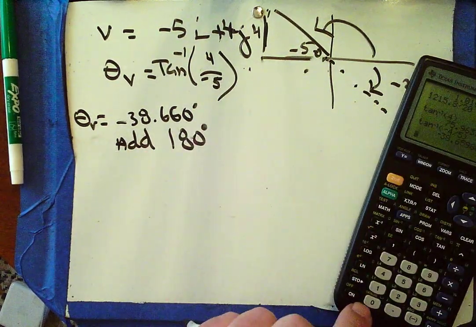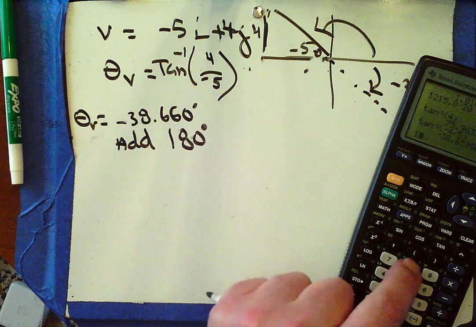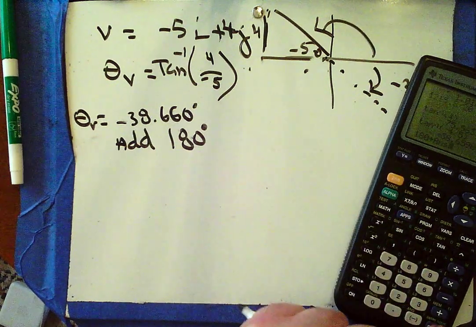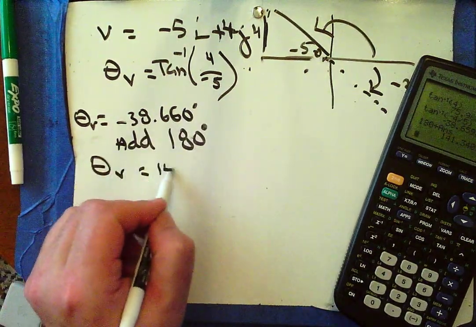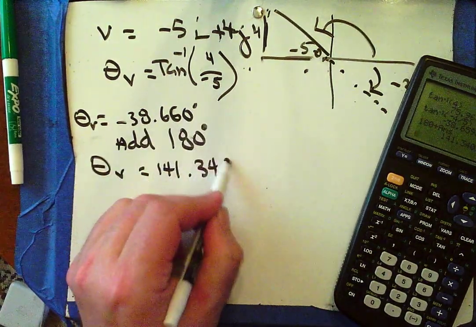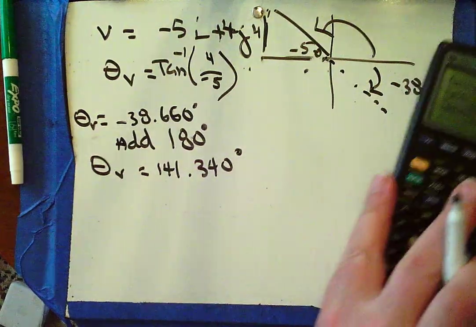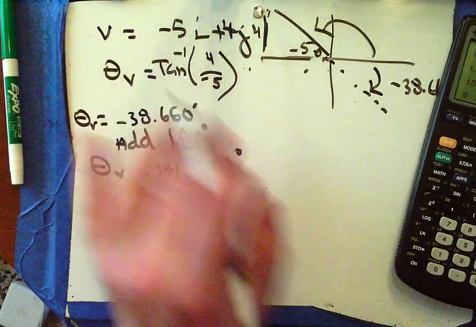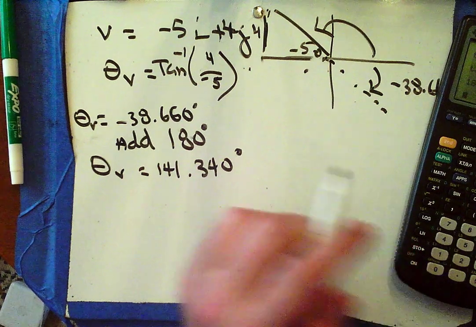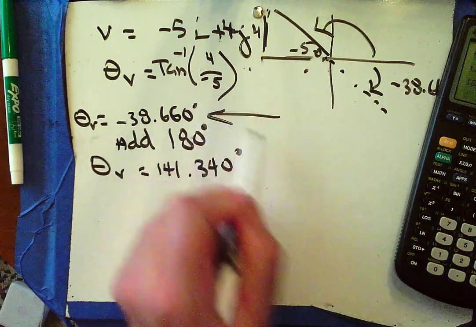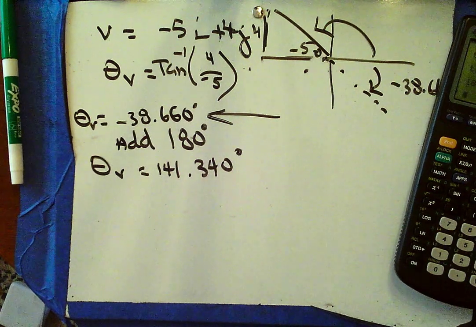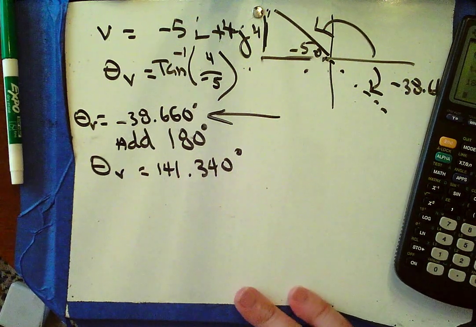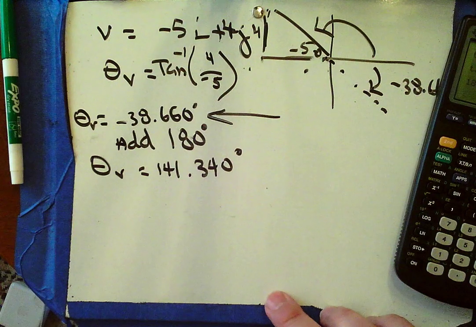Okay, so if I add 180, I end up with theta v equals 141.340 degrees. I think it's really important to draw these things to get a sense of what's going on, because you could easily be lulled into the wrong angle. All right? Don't be afraid to think, and sometimes drawing a picture can help us with that thinking.